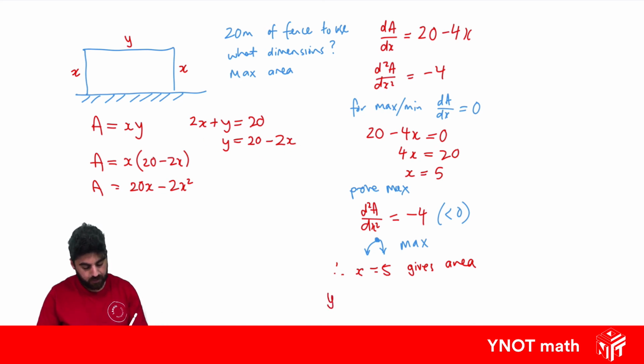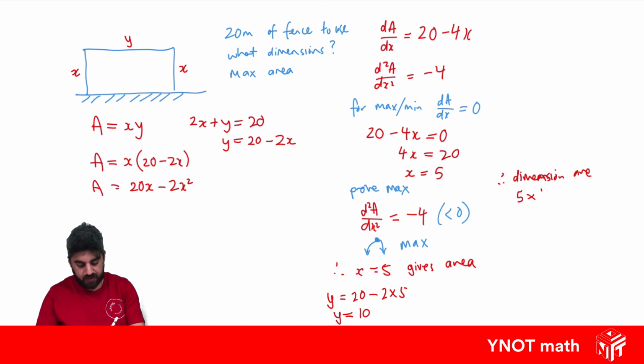So y equals 20 minus 2 times 5. And we'll get a y value of 10. So we can say, therefore, the dimensions are 5 by 10 meters for maximum area.